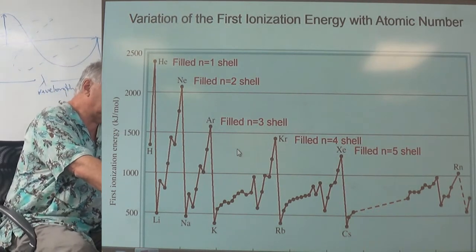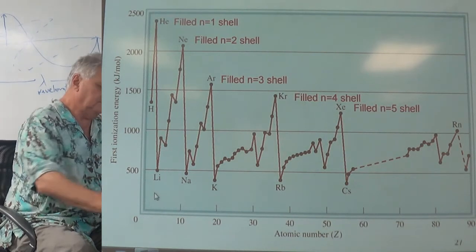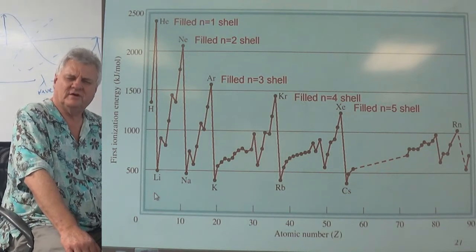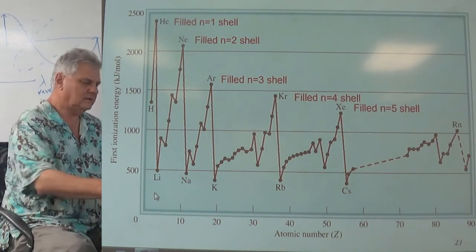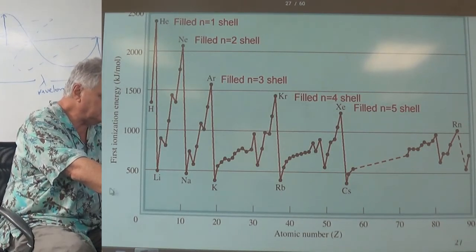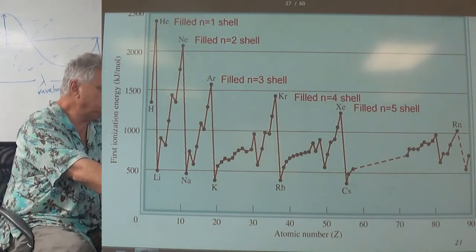And the elements that it's the easiest to remove an electron from are the alkali metals, because they want to lose an electron and form a cation. So it's lithium, sodium, potassium, rubidium, cesium. They're on the bottom of these valleys, okay?